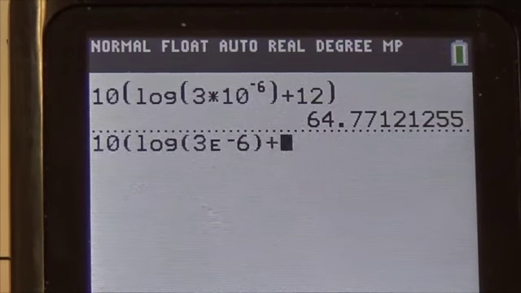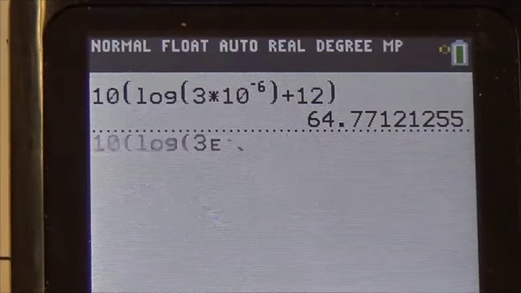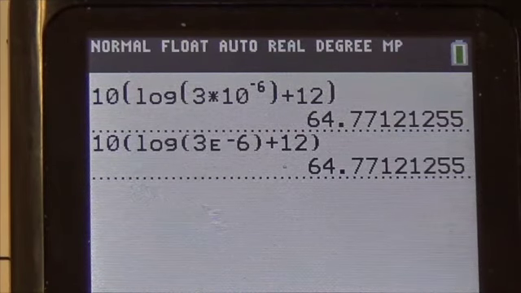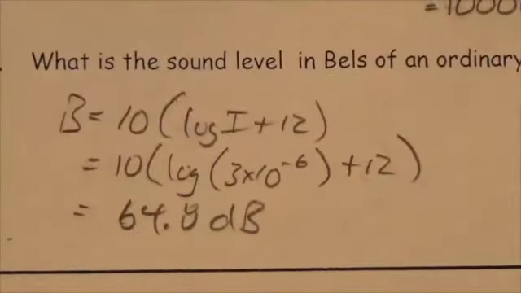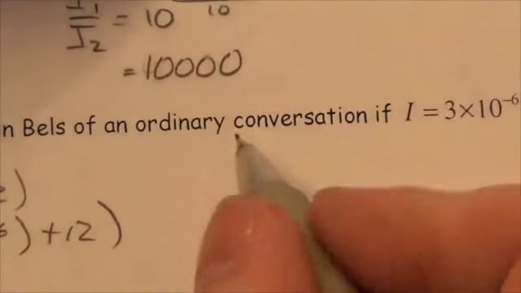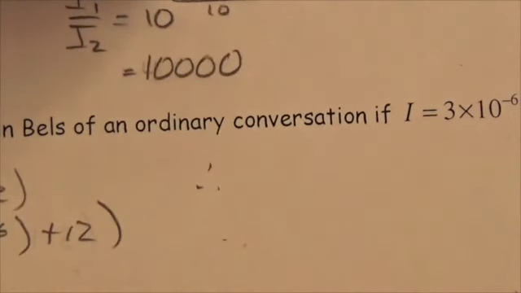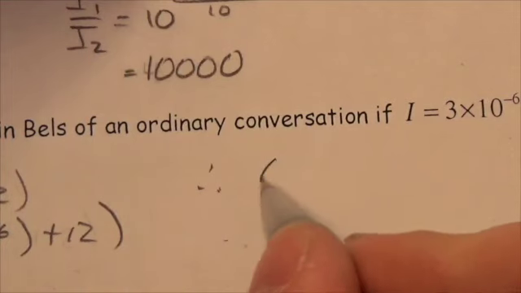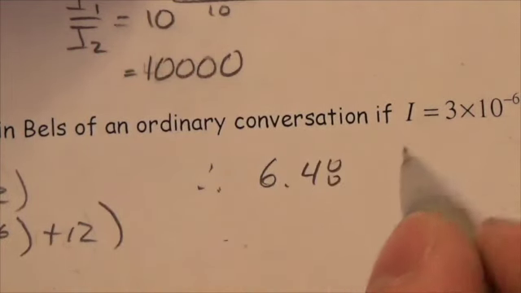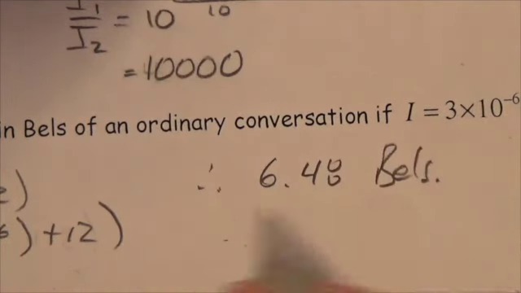The calculator will recognize that means times 10 to the negative 6, and if I press enter, you'll notice you get the exact same value. So here's my answer in decibels. If I want it in bells, I would just take that answer and divide by 10 and get 6.48 bells. And that's what they're looking for.